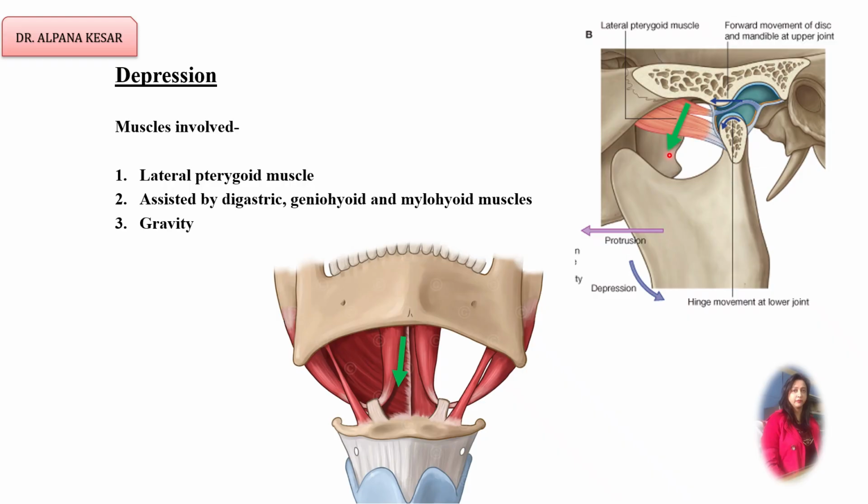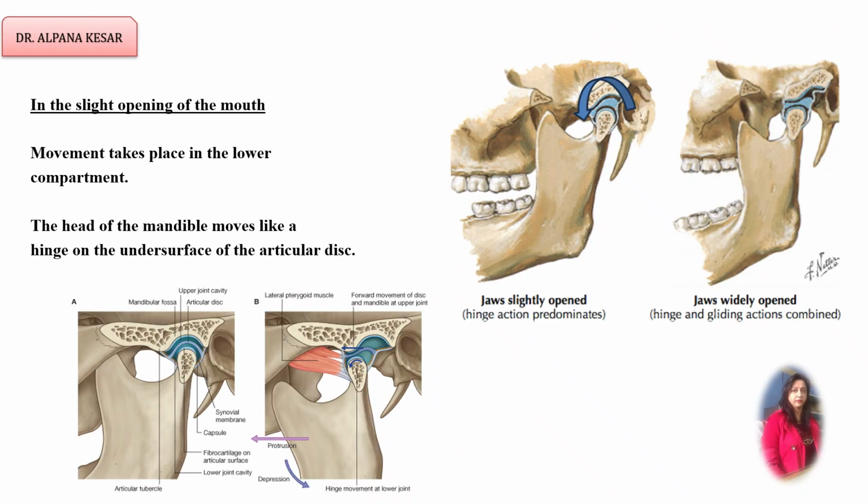Depression of the mandible is brought about by the lateral pterygoid muscle, assisted by the suprahyoid muscles, namely digastric, geniohyoid, and mylohyoid muscles. Gravity also plays a role in depression of the mandible. In the slight opening of the mouth, the rotation of the head of the mandible takes place in the lower compartment.